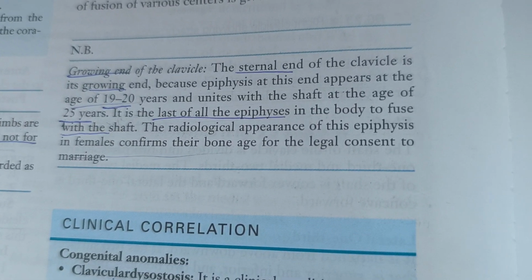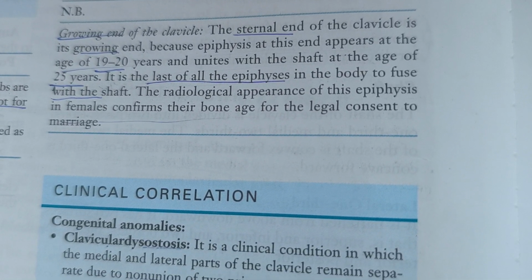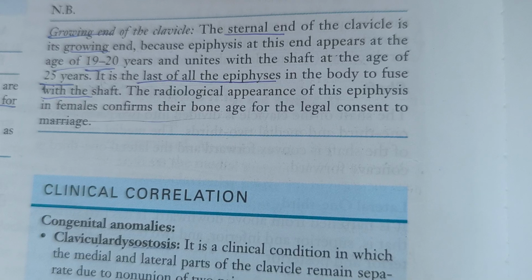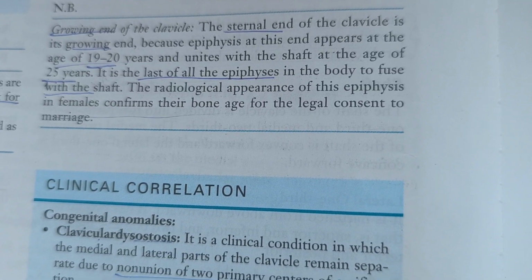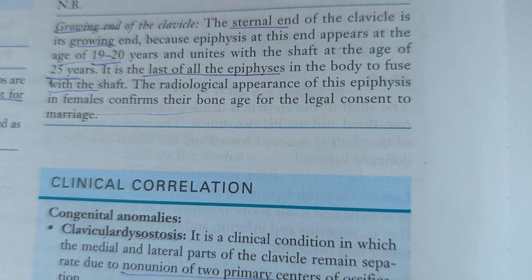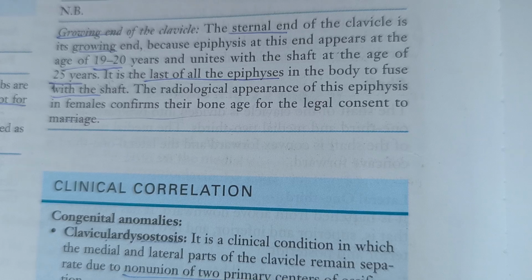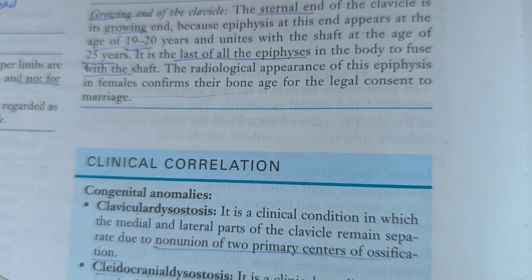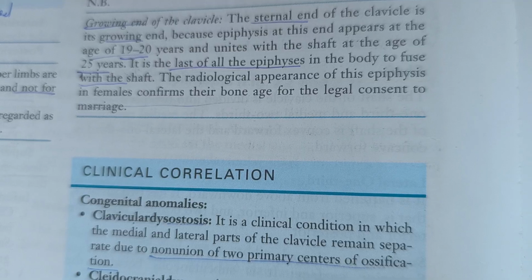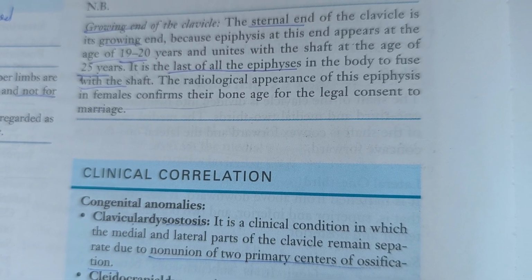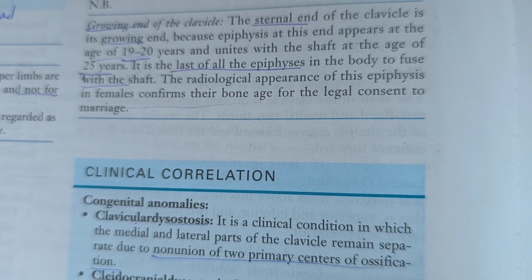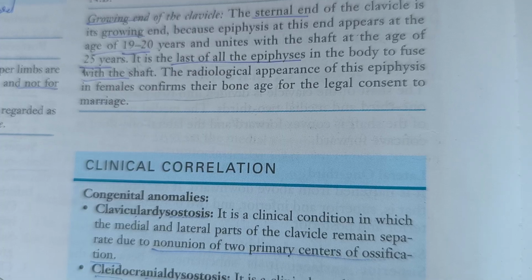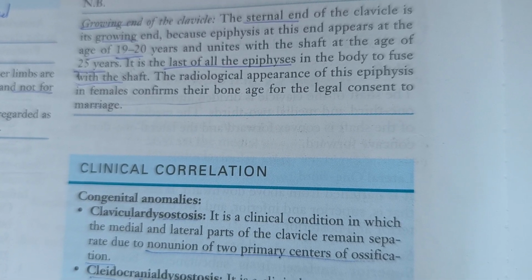Now let's see the growing end of the clavicle. The sternal end of the clavicle is the growing end. So the clavicle grows medially because the epiphysis at this end appears at the age of 19 to 20 years and unites with the shaft at the age of 25 years.